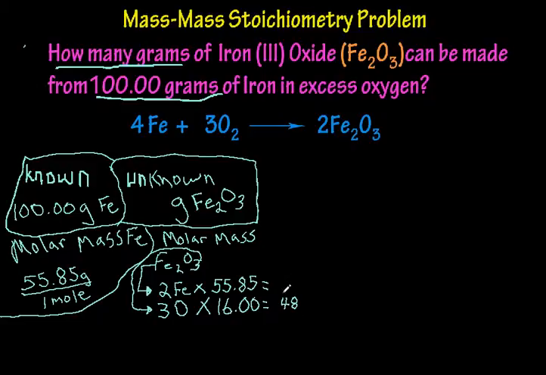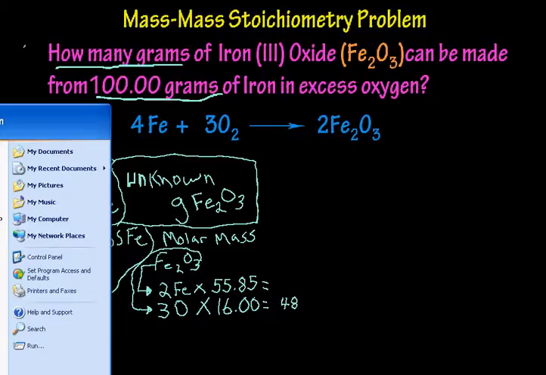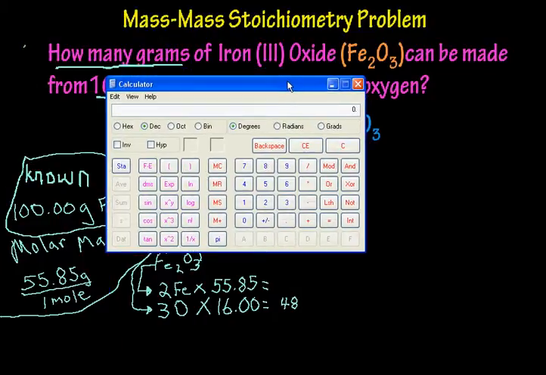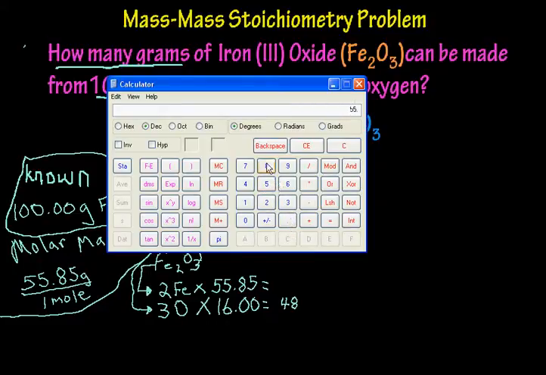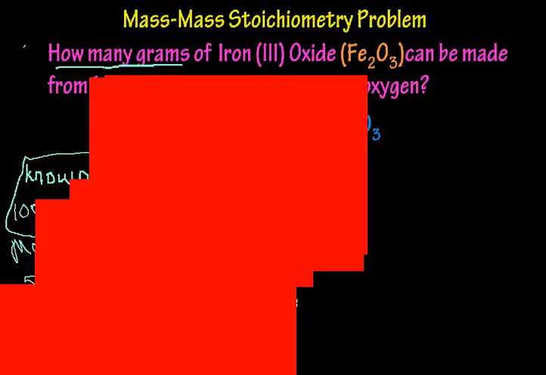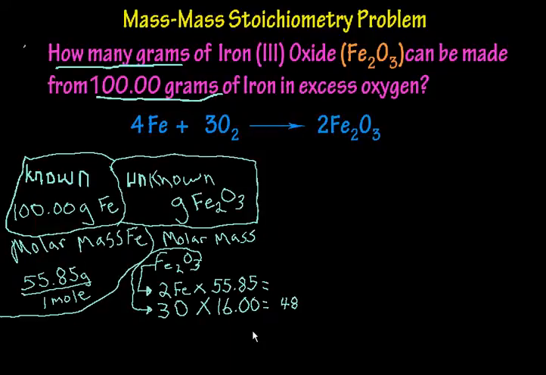And 55.85 times 2 is 111.7. Add them up. It's actually going to be 48.0.